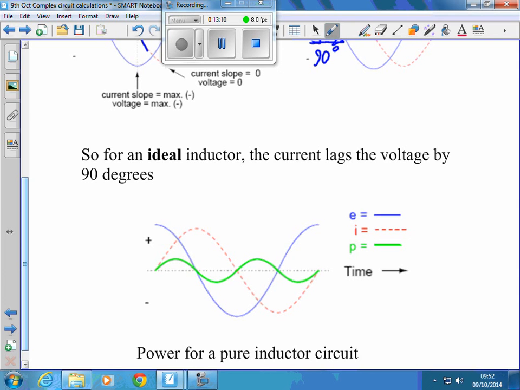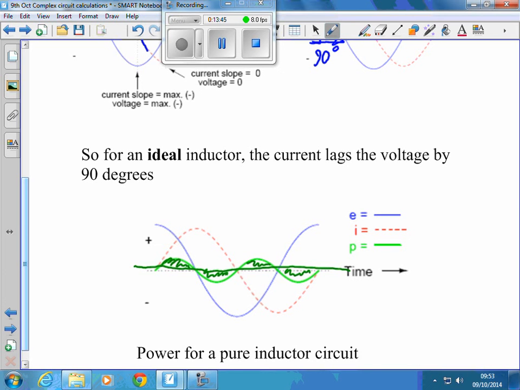If we look at the power in such a circuit, what we get is a positive half cycle here and a negative one there, then a positive and then a negative. And the actual overall power dissipated in a pure inductor is a straight line 0, because in that part we're dissipating some power, in that part we're giving it back, then we're dissipating, then we're giving it back.